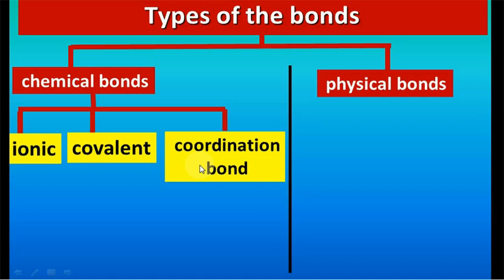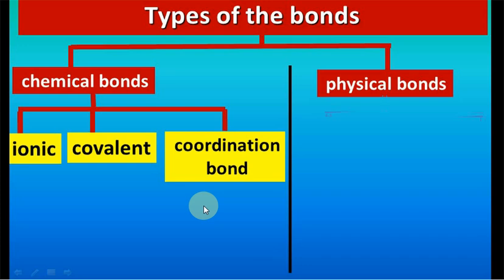We may say it is like two persons who want to share with each other, one with effort and the other with money. Money here is the electron. The electrons come from one atom and the other atom does not share any electron. The origin of the two electrons is only one atom.